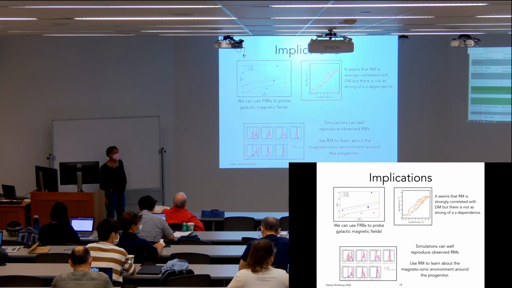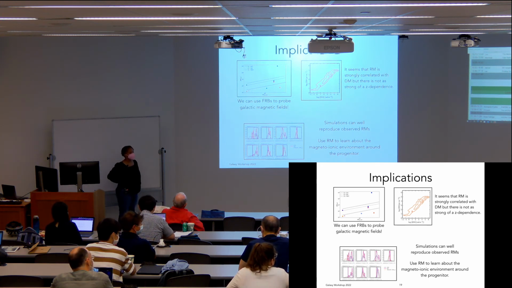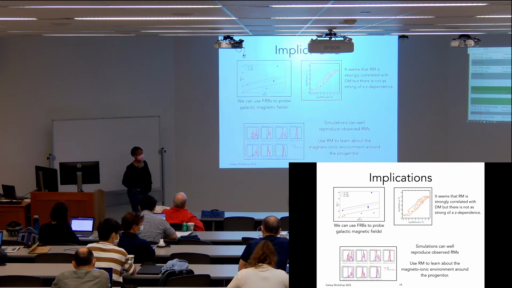Hi. Thanks for a very nice talk. A point of clarification, just to make sure I understand: it has been found that there is a strong intergalactic contribution to the dispersion measure from free electrons in the cosmic web for the most part, but not so according to what you're showing in the rotation measure.